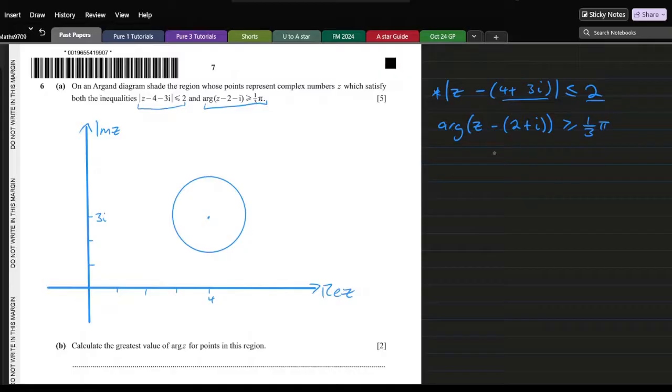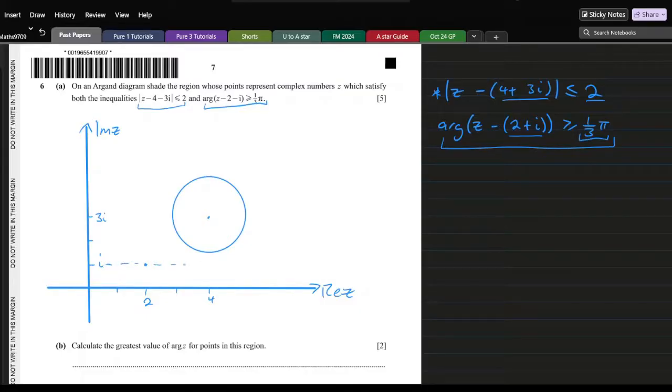And then we want to do the argument now. So this means we want to open an angle of 1/3 π from a horizontal line that goes through the point 2 + i. So 2 would be here, and then i would be here. So this point, let's draw a horizontal line that goes through this point. I'm just going to make it dotted.